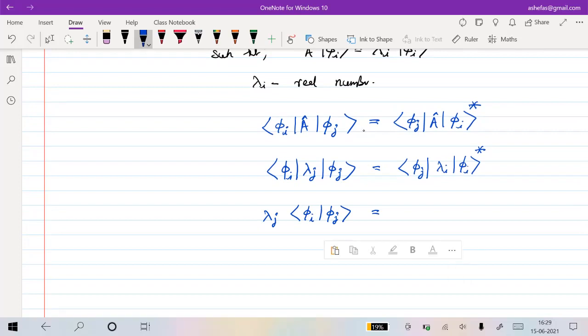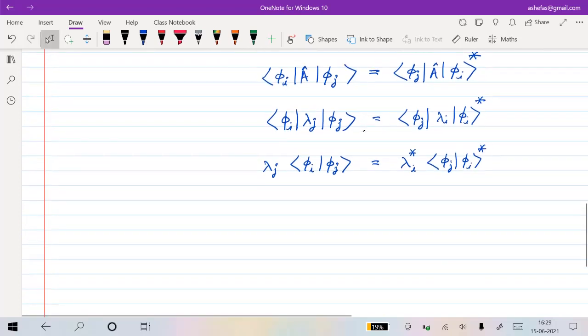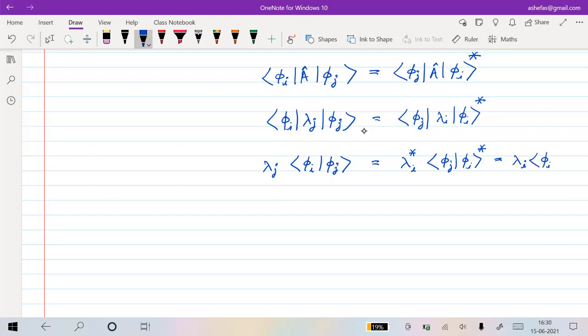Here again, lambda I can be taken outside, with a complex conjugate common. Then phi j, phi I complex conjugate can be written as phi I, phi j. And since lambdas are real, lambda I star can be written as lambda I.